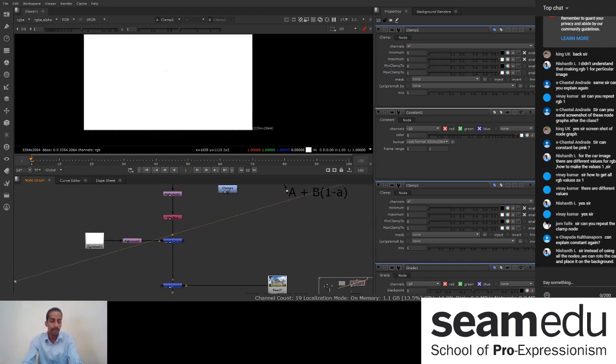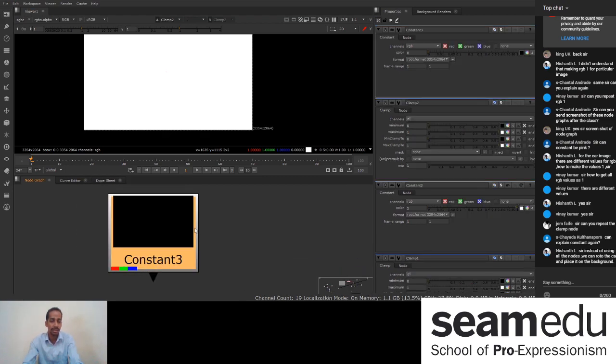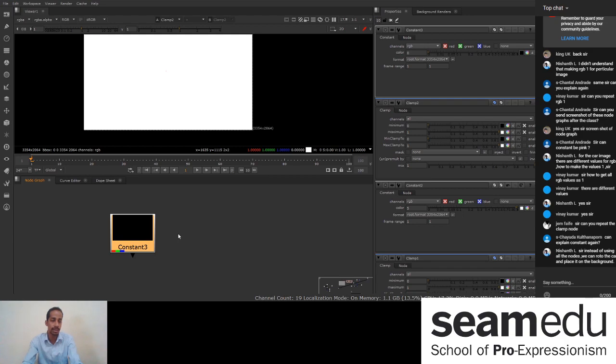And apart from that, one more question I've seen from Chayuda. Chayuda is asking, can I explain the constant node again? Okay, so the constant node is nothing. It comes under the image menu basically. When you find the constant node, it's just a solid, just a color layer.